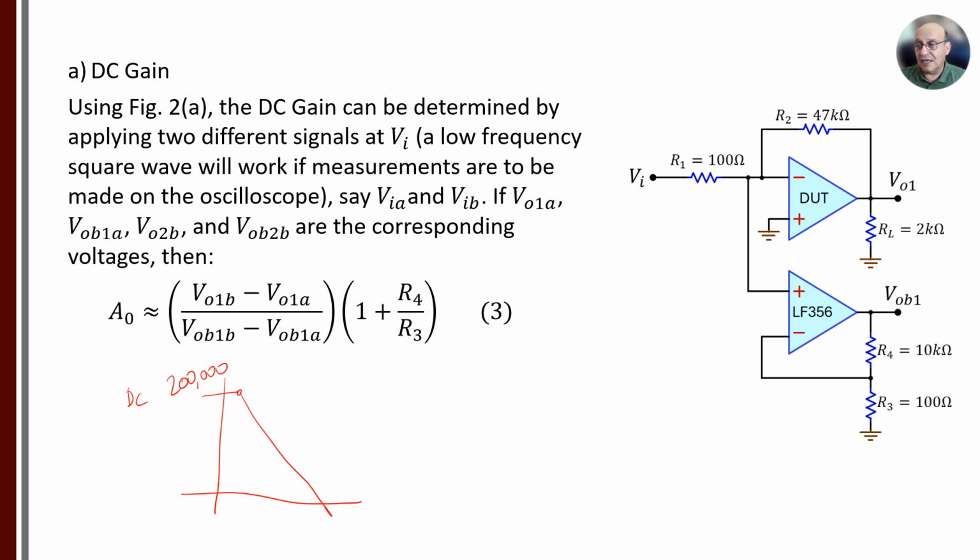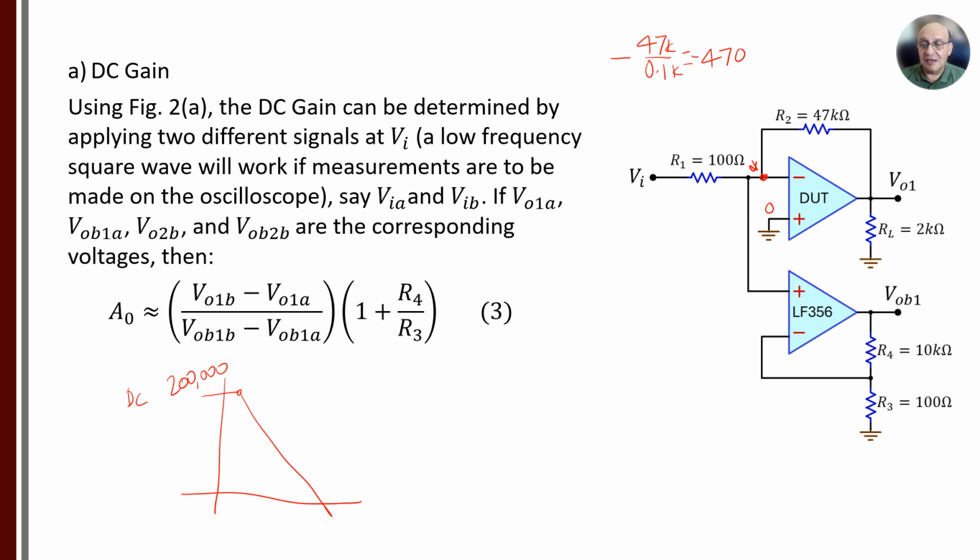We can expect the output to be equal to minus the ratio of the resistors, which in this case is about negative 470. Now, if the amplifier was ideal with a gain of infinity, we would expect the voltage on this node to be 0. For the real one, it's going to depend on the gain of the amplifier. There will be a little bit of voltage there, different than 0, due to the finite gain.